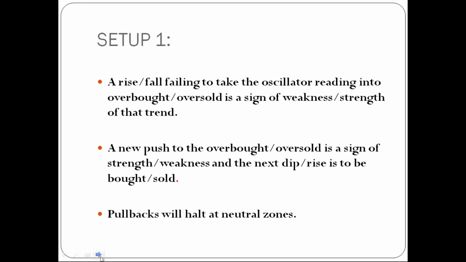When you are moving into a downtrend and the rise takes the oscillator into the 70 area, that is the sign of weakening of the downtrend. And a new push to the overbought zone is a sign of strength, and the next dip is to be bought and sold. So copy this.